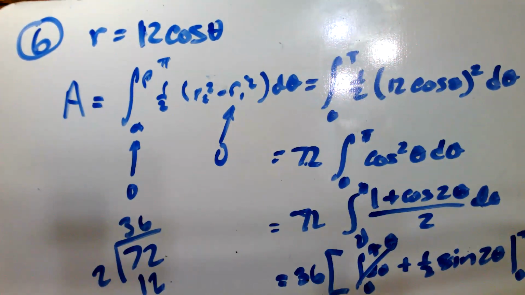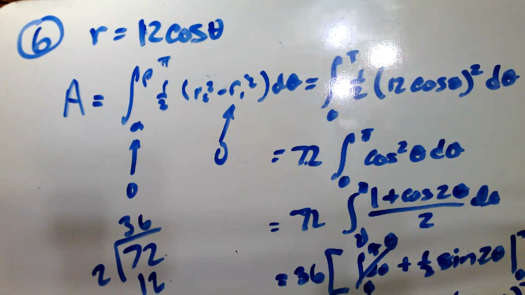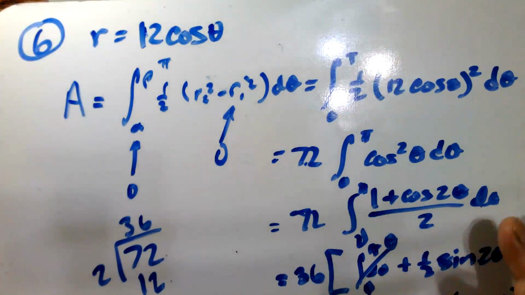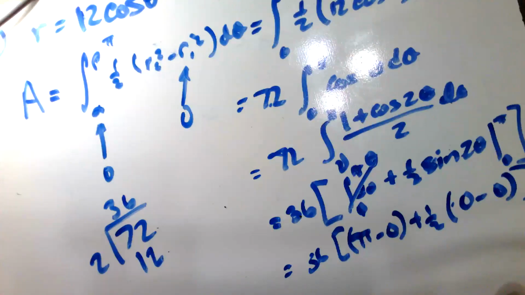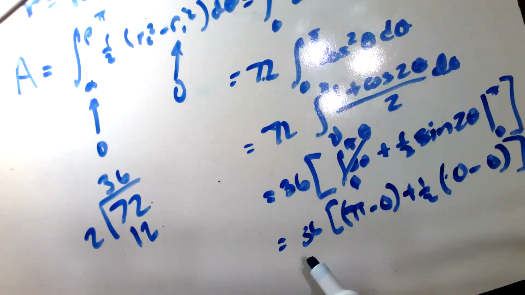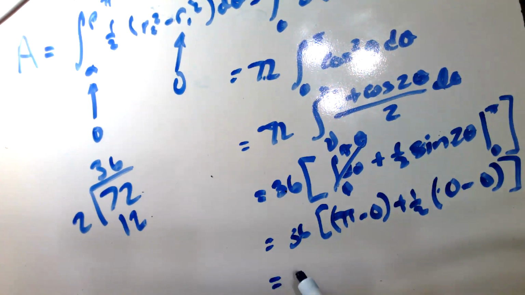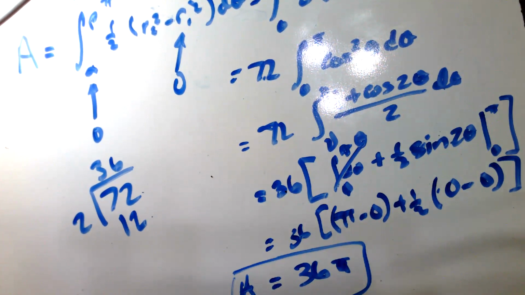So this is going to give us pi minus 0, the upper limit minus the lower limit. And then plus 1/2. Well, sine of 2 pi is 0, minus the sine of 0 is 0. So there's 0 contribution from this last term. And so the very final result is 36 pi is the area of this circle. All right. So we'll jump to the next one.